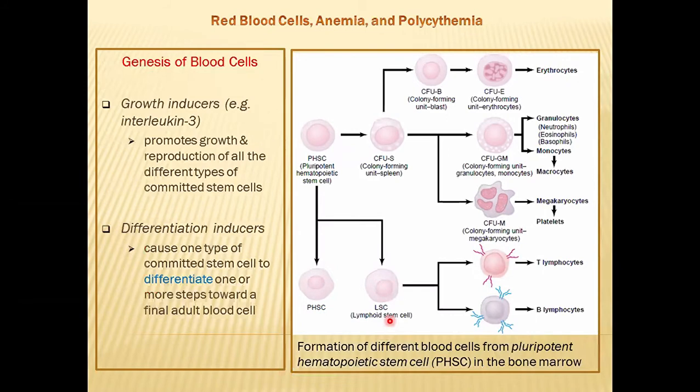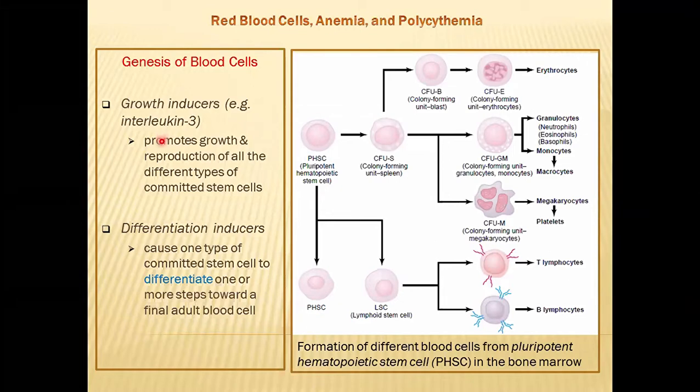Okay. So Genesis, this is a continuation of the previous slide. So for a cell from the pluripotent to differentiate into the different blast forms like CFU blast, CFU erythrocyte, or to the lymphoblast stem cells, you need all these factors. You have growth inducers. An example of a growth inducer is interleukin-3, which will promote growth and reproduction of all the different types of committed stem cell.